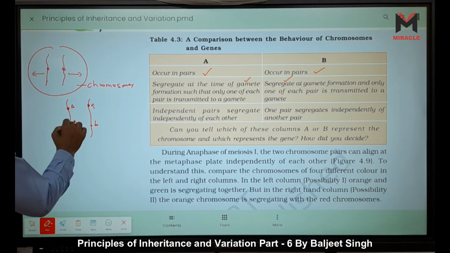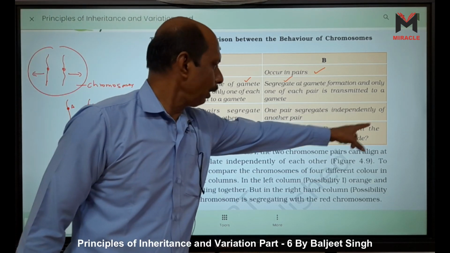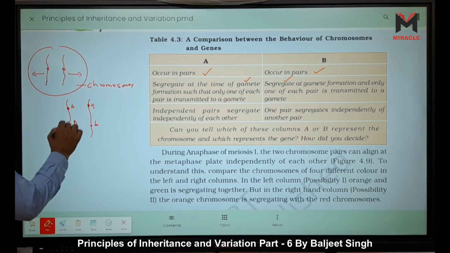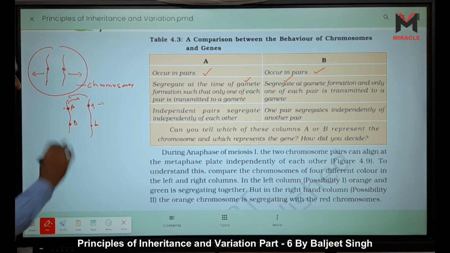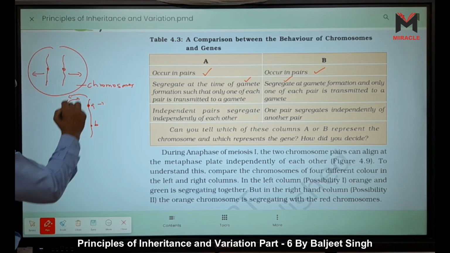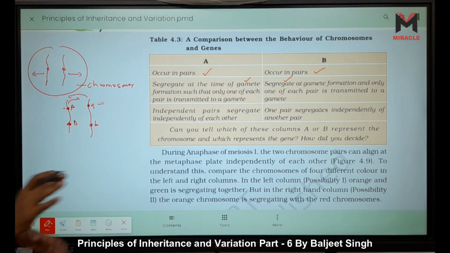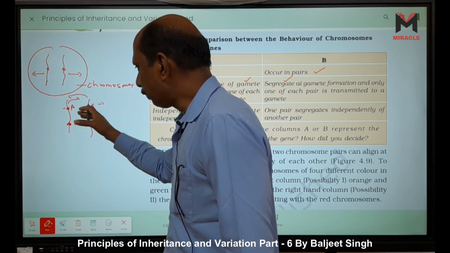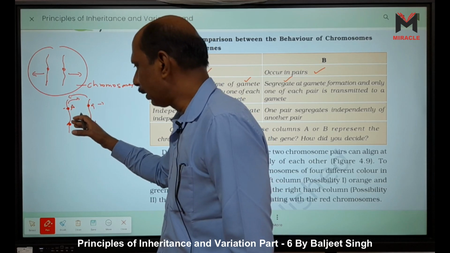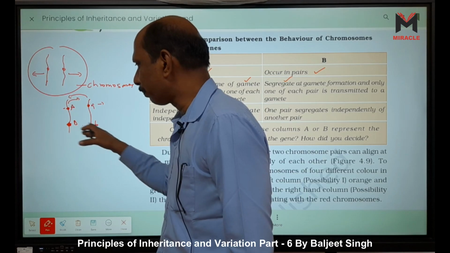So these are pairs, and this pair segregates independently of another pair. This pair, A and A, can move to this side or this side, independently of the other pair. This one is another pair. Do you understand what I am saying? Each pair segregates independently of another pair.